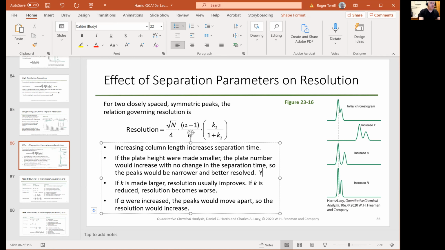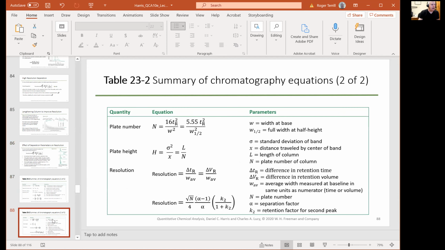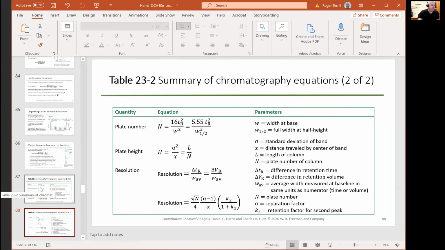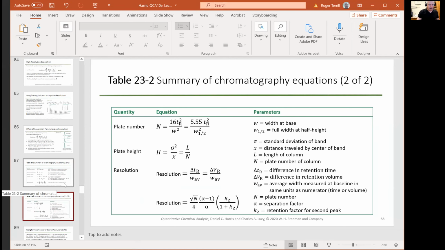This is the UPLC approach, and this last one is just to make the peaks come out narrower for a given pair. That's where we should leave it off today, and then we can look at the summary equations. I can go through these, and we'll scratch a few of them out that don't matter.